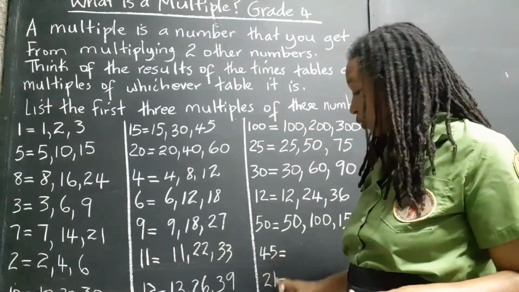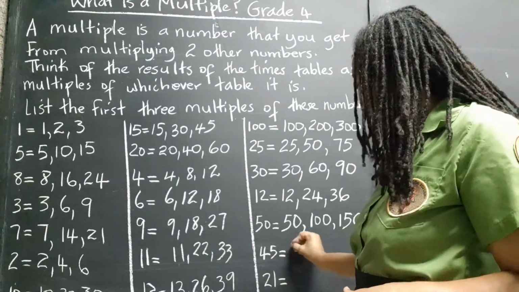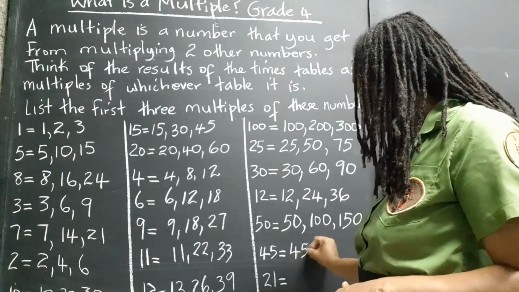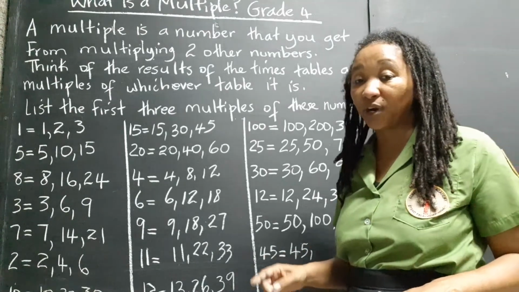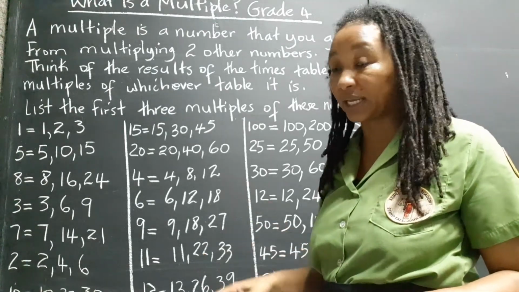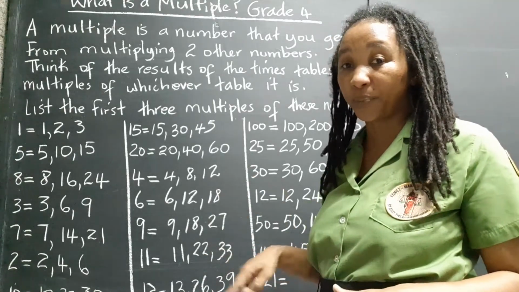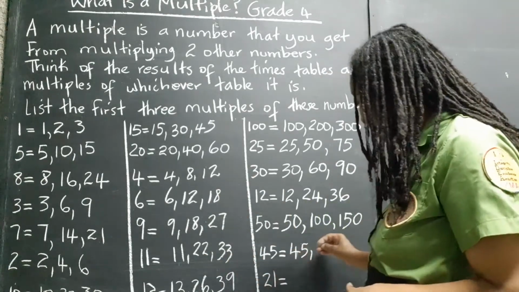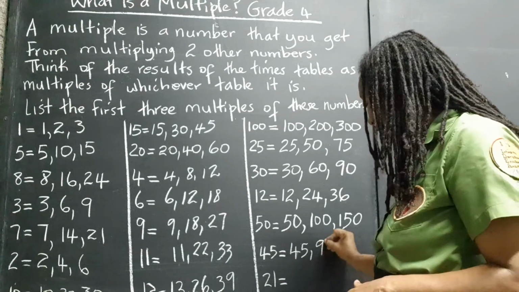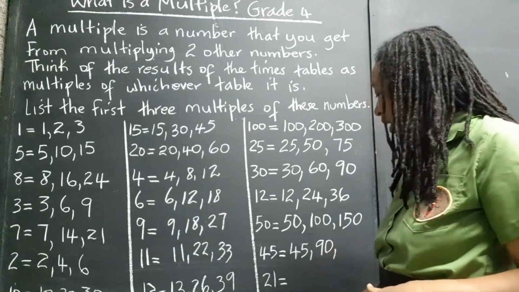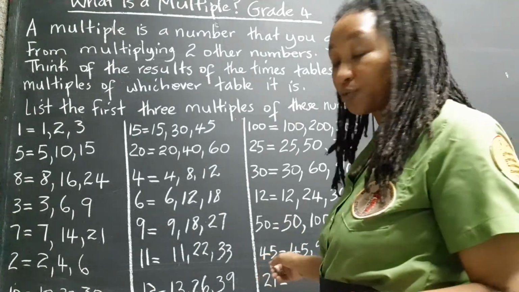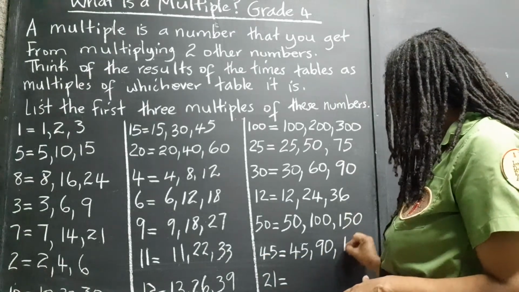Alright, so we have 2 to go. 45 times 1 is 45. Work out 45 times 2 quickly on your rough work paper. I believe you should get 90. Check it for yourself. And then 45 times 3 would give 135.